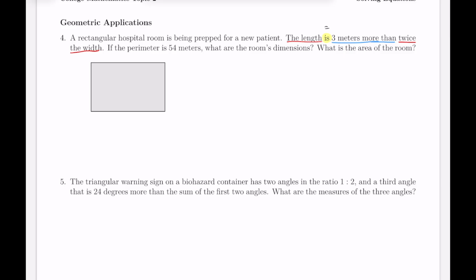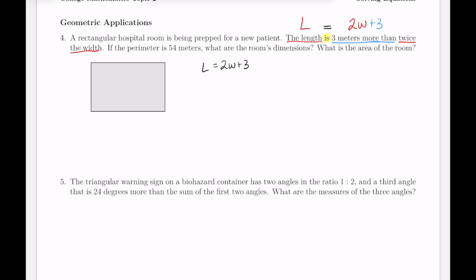Okay, I think I can make an equation out of that. I can say the length is 3 meters more than twice the width. I like to do it like this, twice the width, and now I want 3 meters more than that. So we'll say plus 3. So here's my first equation. The first equation is L equals 2W plus 3.